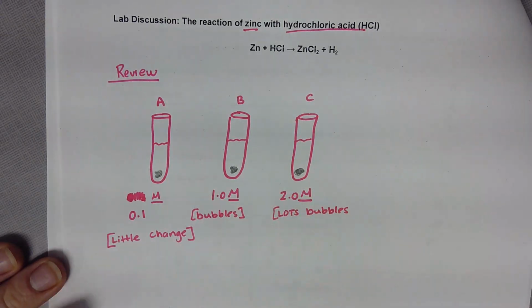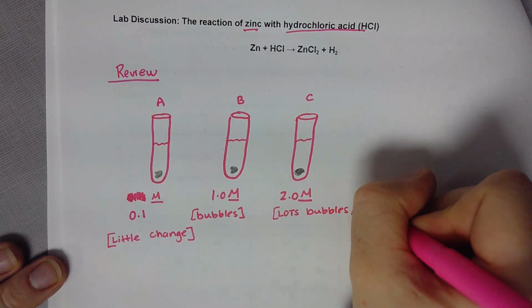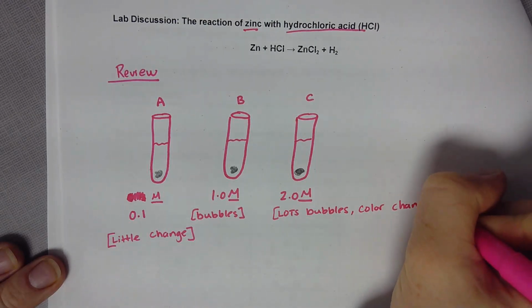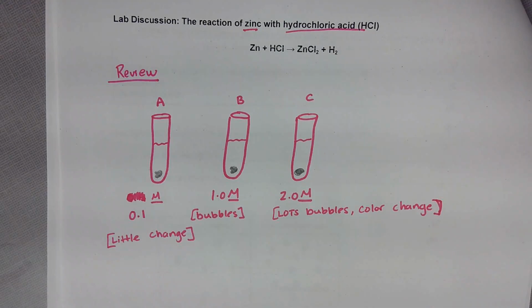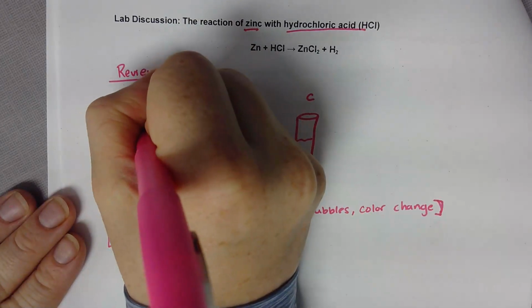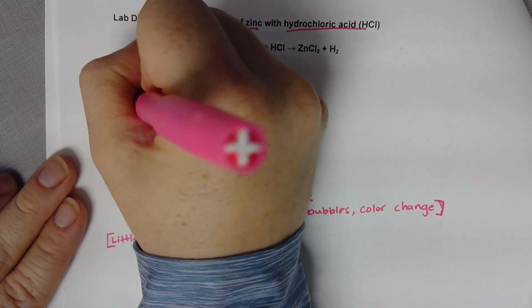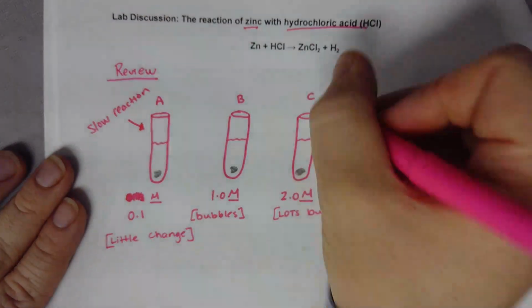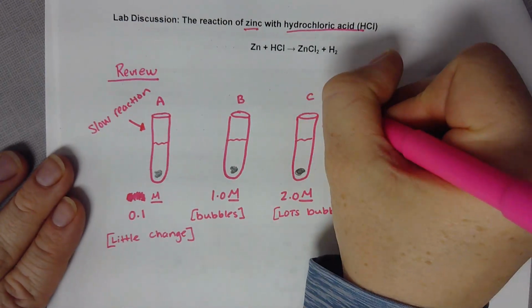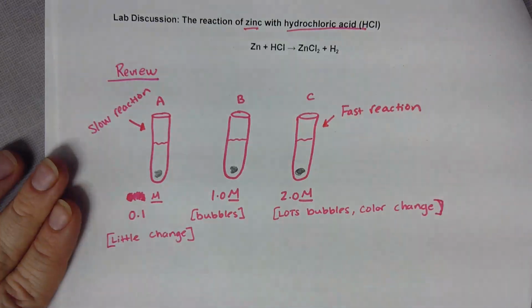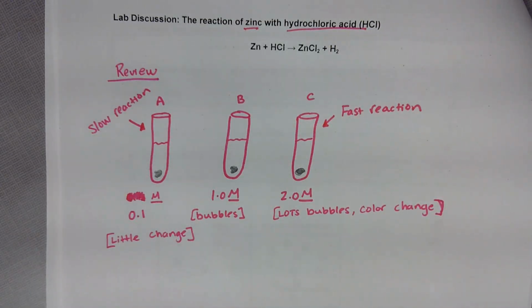And we saw that liquid start to change color as we were observing it. And we came to the same conclusion. Test tube A had a relatively weak or slow reaction, and test tube C had a relatively fast reaction. Those reactions correlating to the acid strength.